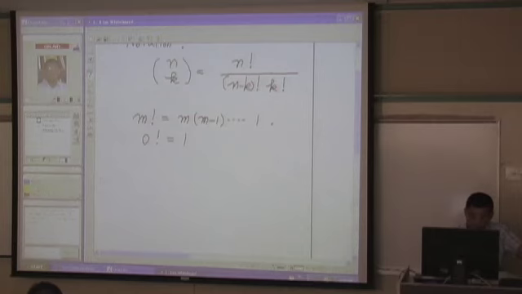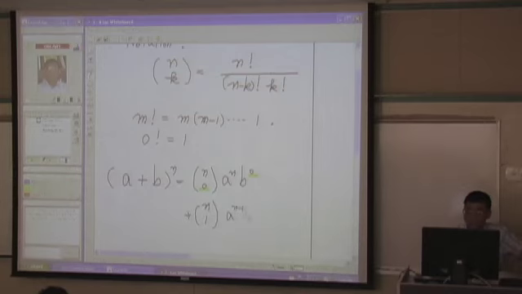The binomial theorem is this: a plus b to the power of n equals n choose 0, a to the power of n, b to the power of 0. So you should see matching numbers. And then n choose 1, a to the power of n minus 1, and b to the power of 1.